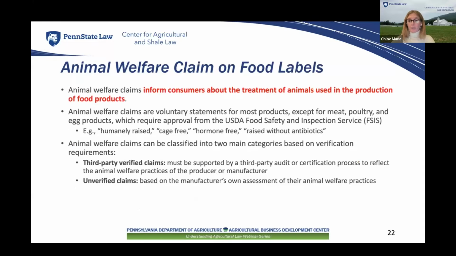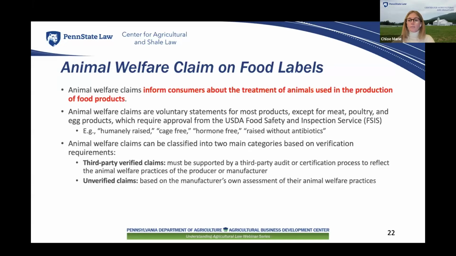Animal welfare claim. Food producers and manufacturers have the option of making voluntary animal welfare claims on their products, except for meat, poultry, and egg products. For these specific food categories, the USDA FSIS must approve these claims before they can be used. Here are some examples of animal welfare claims: humanely raised, cage-free, hormone-free, raised without antibiotics.